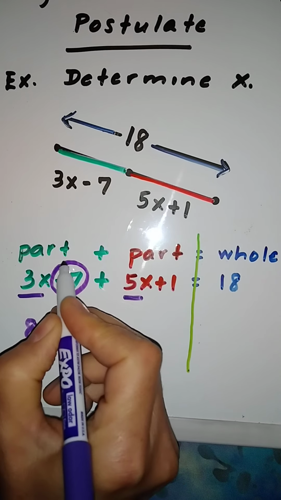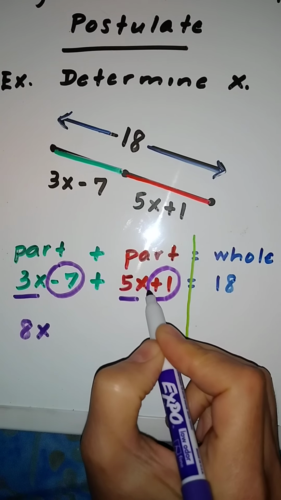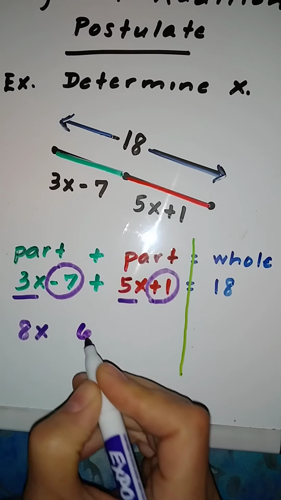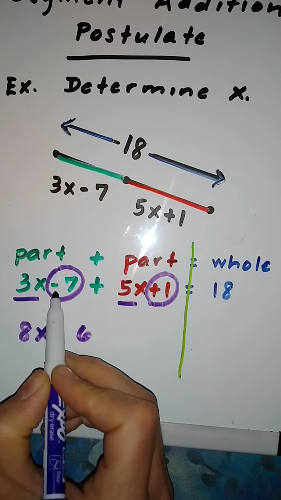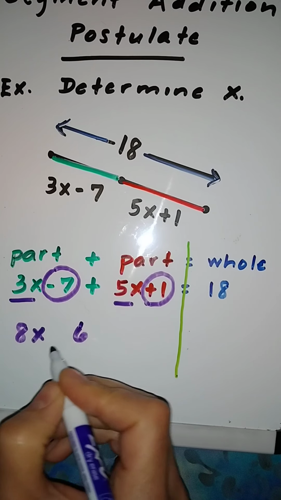Our constants, we want to think of these as having different signs, so we subtract, and we choose this side because of the 7 ruling the show.